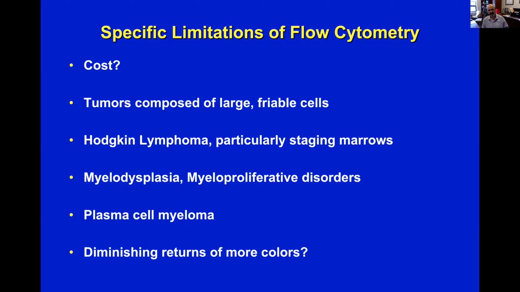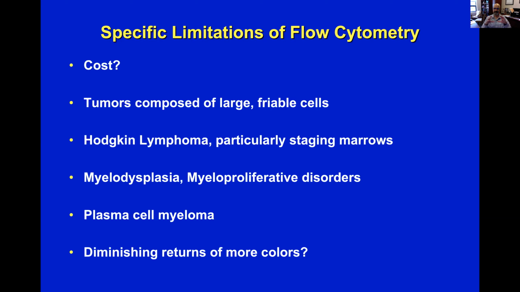And then in my introduction, I told you about the more the colors, the more the parameters you can measure on the same cell, the higher the diagnostic accuracy. But this is arguable as you get into beyond 10, 16 color situations.